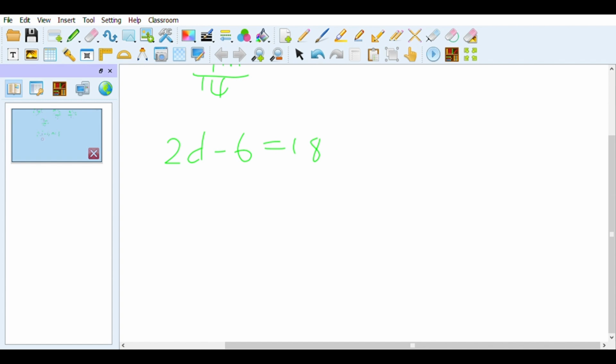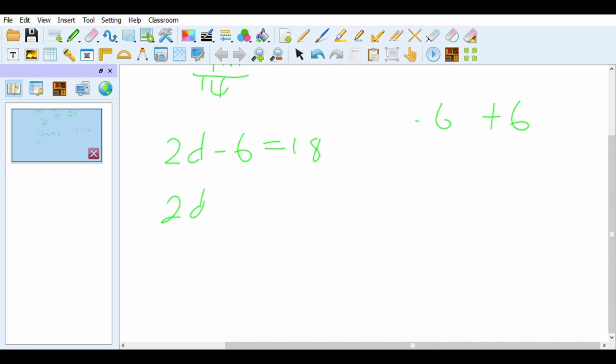Okay, so if we have this question, first of all, we're going to remove minus 6. So that's the first thing we're going to remove. Remember additive inverse. We have a minus 6. We're going to use the additive inverse of 6, which is a plus 6. The additive inverse of minus 6 is plus 6. So we're going to add 6 to both sides.